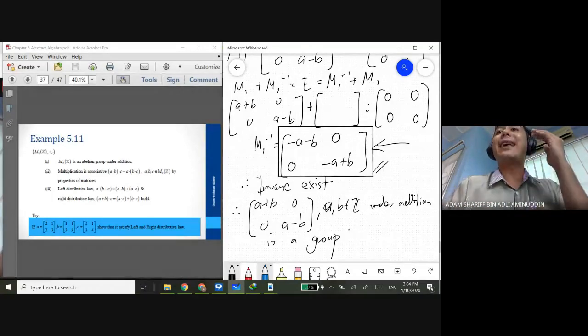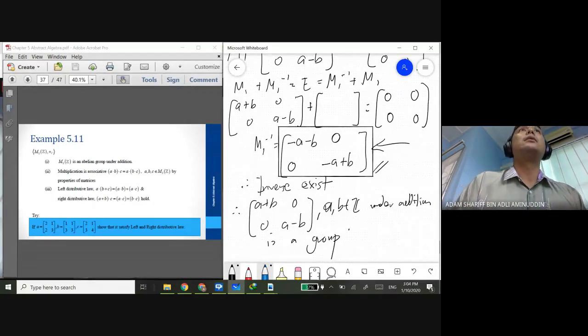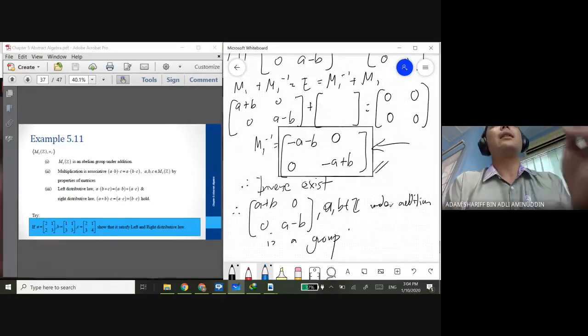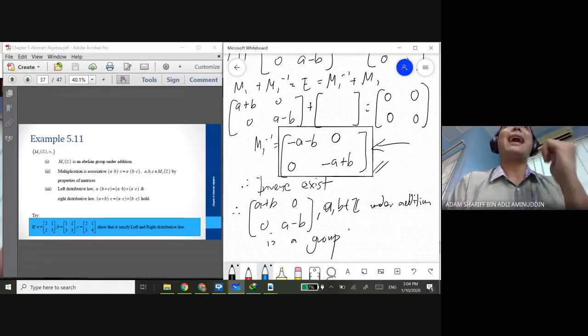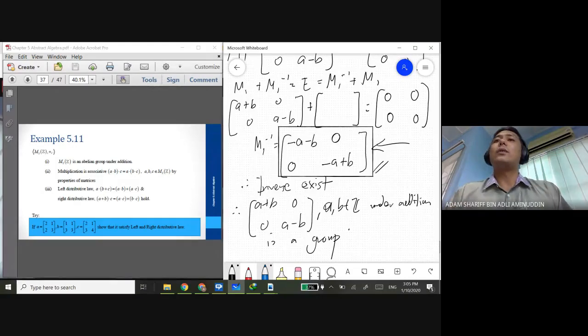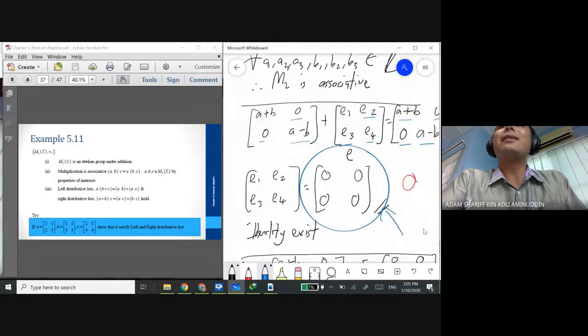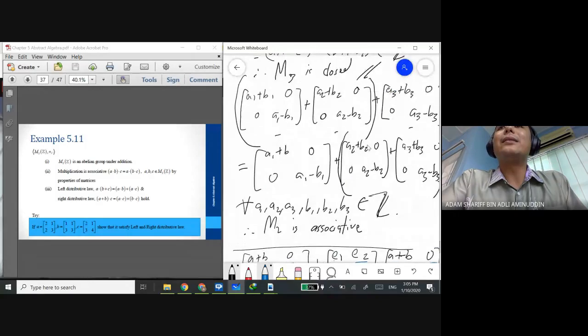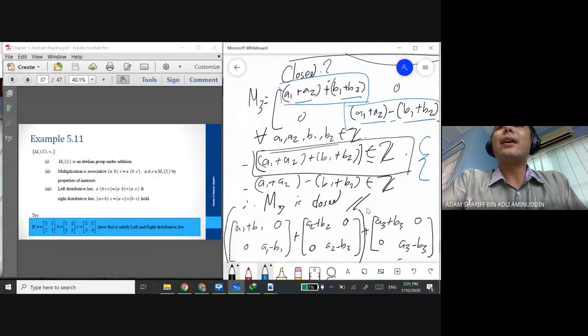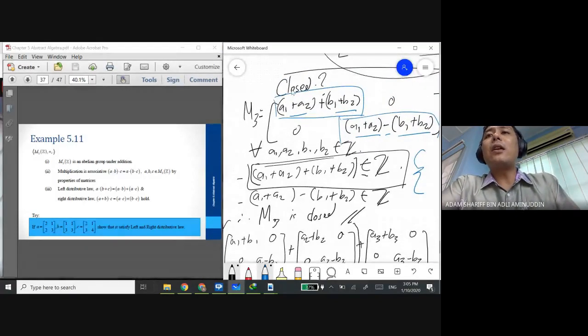You must show that it is closed, and the second one, it must have inverse. So for this question of a subgroup, I show the first one, closed under the binary operation of G.